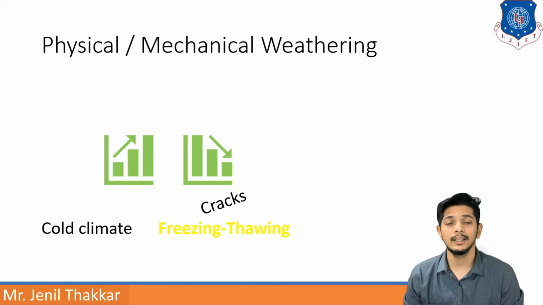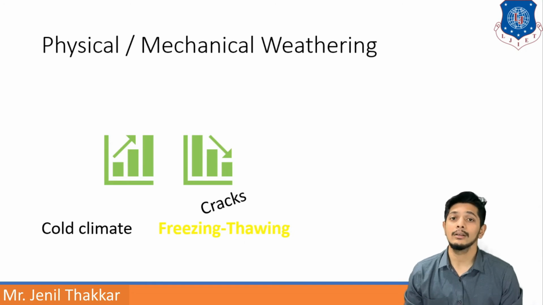Now, what is freezing and thawing? In cold climates, the water or the water particles in the rock mass gets frozen, and then due to that freezing and thawing process, the soil or the rock mass gets disintegrated, and due to this disintegration the soil is formed.